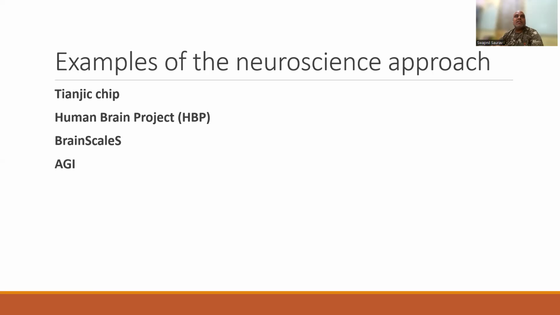HBP is a research project created by neuroscientist Henry Markram with funding from the European Union that is attempting to create a human brain. It uses two neuromorphic supercomputers, SpiNNaker and BrainScaleS, collaboratively designed by various universities.